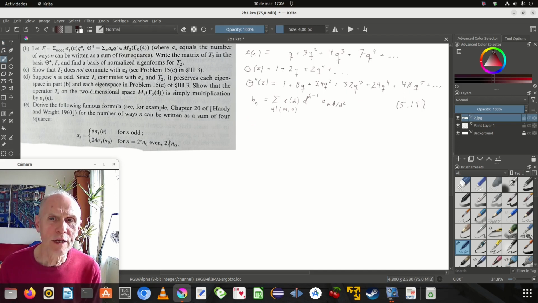And that means that n equals 2. The greatest common divisor of n and 2, d divides that. And so if it's odd, it's unity. There is only one term.